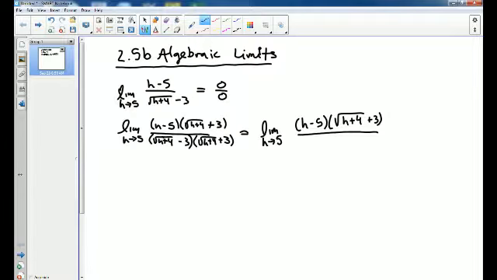FOIL. First times first gives us h plus 4. Outers plus 3 root h plus 4. Inners. Oh, look at that. You see something very special here. This is our intent with the conjugate multiplication.